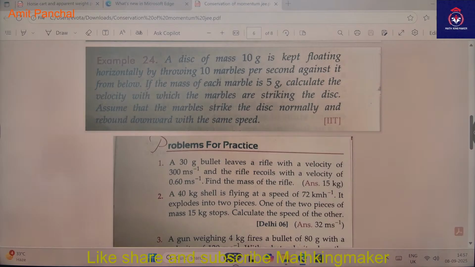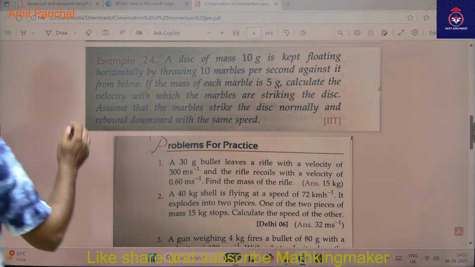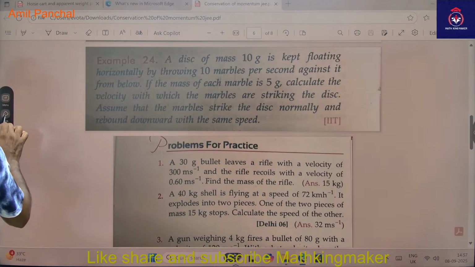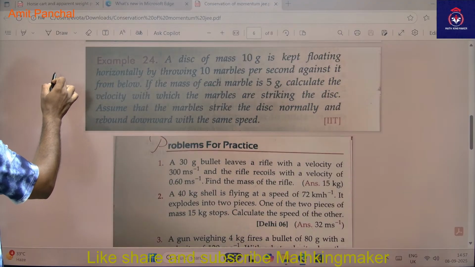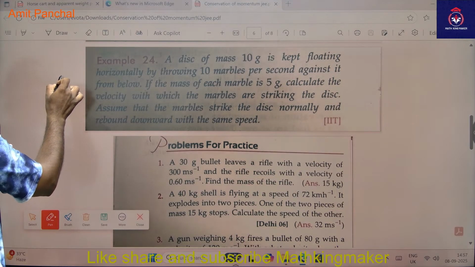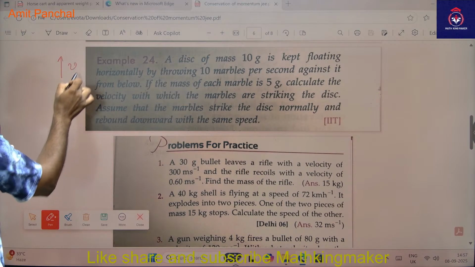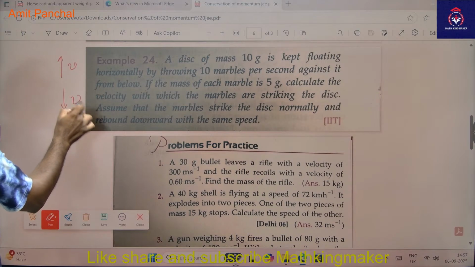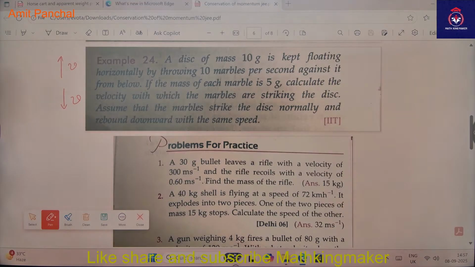How much will be the change of momentum of each marble? It is coming with velocity v and rebounding.